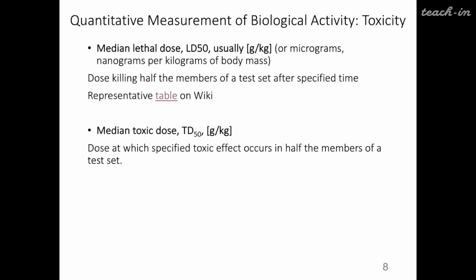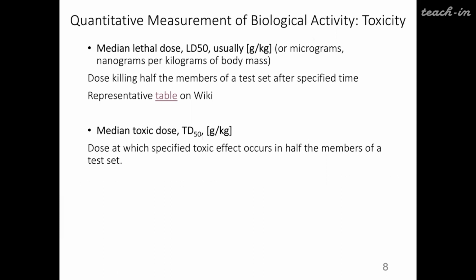So at the end, I will clarify a little bit. Should we use grams per kilogram, or should we modify these values a little bit? In fact, we do.